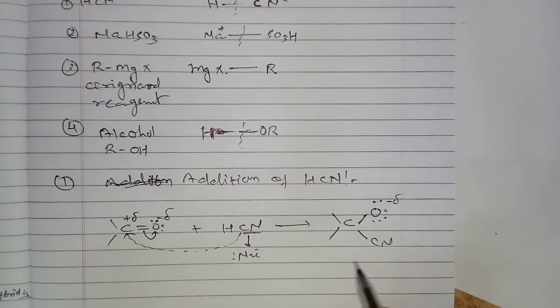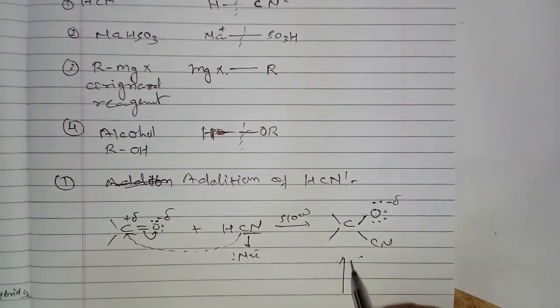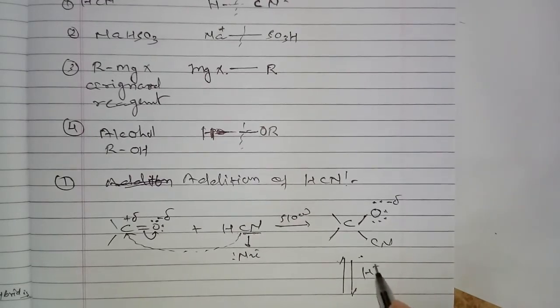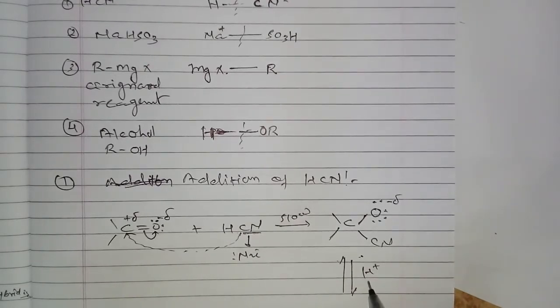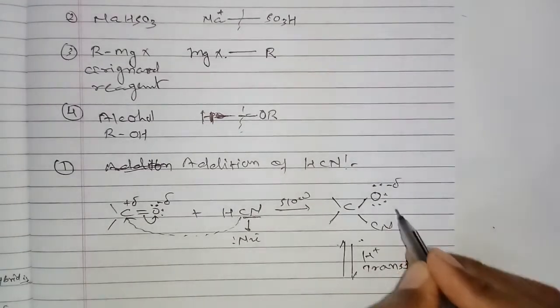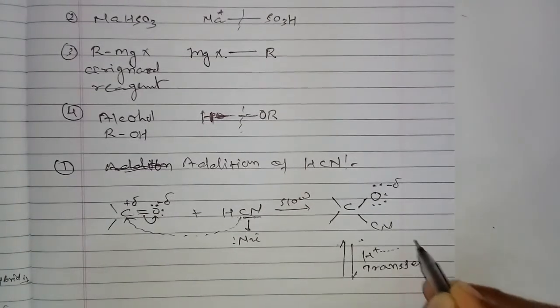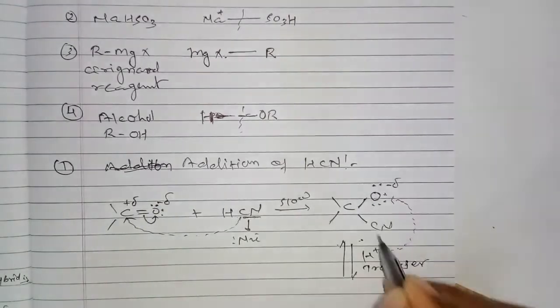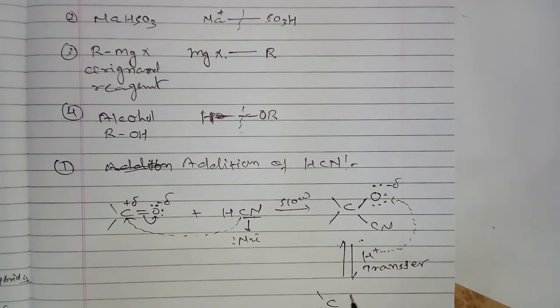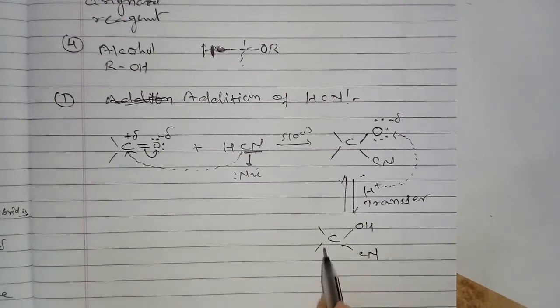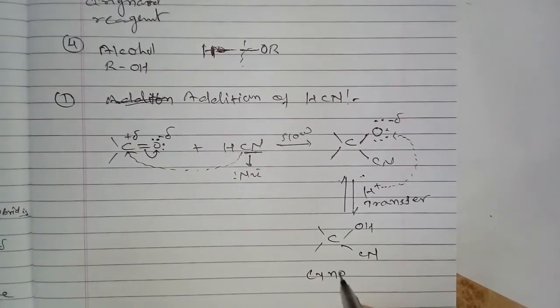This is the slow step. Then H plus proton transfer: the hydrogen H plus will attach to the oxygen as OH, and the product formed is known as cyanohydrin.